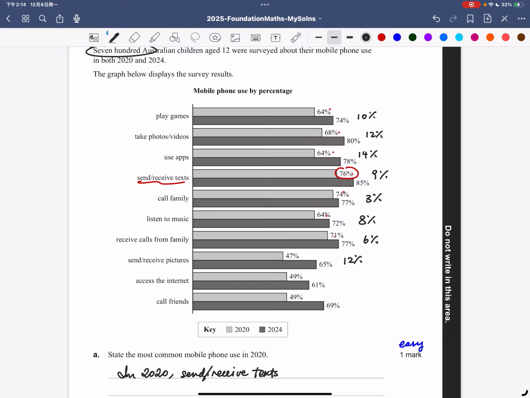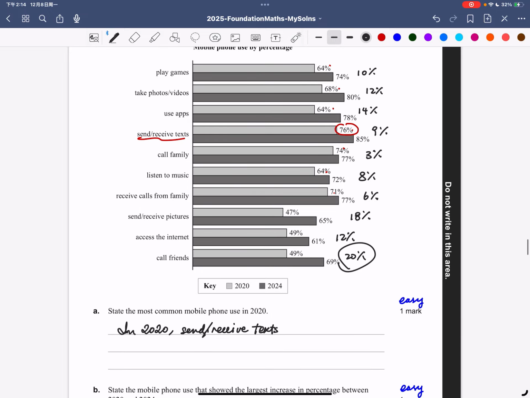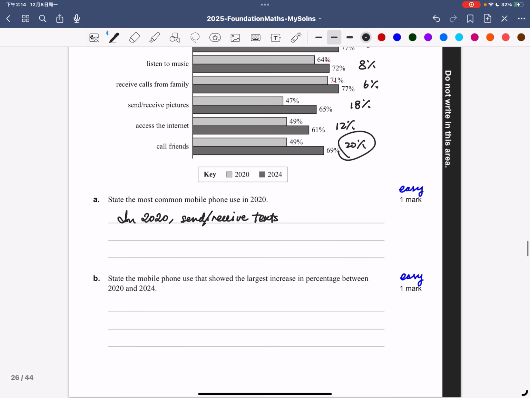Oh, sorry, that's not a 12%. Bear with me. I believe that this is 18%. If you take 61 away from 49, that's 12%. 69 minus 49 is 20%. So which percentage increment is the largest? It's here, okay? So call friends.